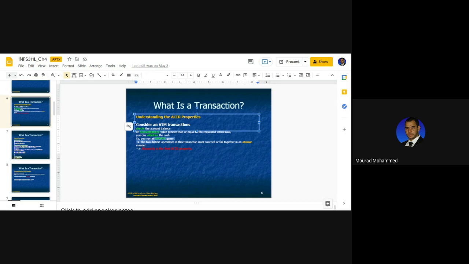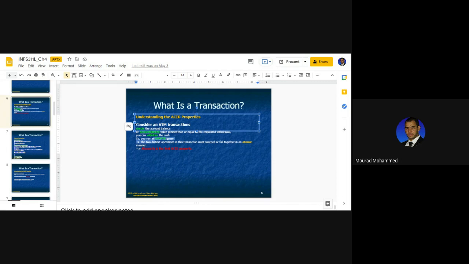The user will get the money and the bank account will not be updated. Thus, there will be a money loss. This is not acceptable. So either fully execute them or fully cancel them.